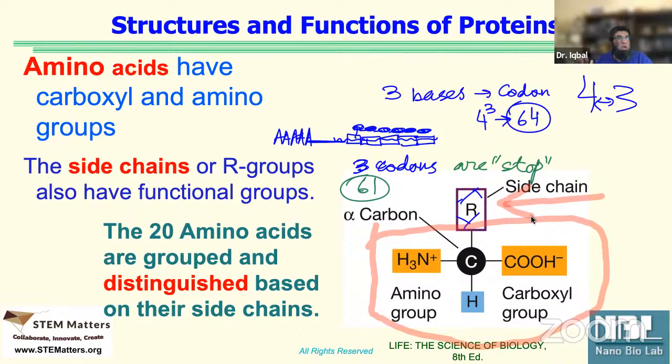We only have 20 amino acids, which means many of those codons do not directly translate into which amino acid needs to be built in. But they do other functions. Some of them are stop codons, some of them are indicative of different things. We don't know many of them, by the way, still. All right, so this is the basic formation of a protein.